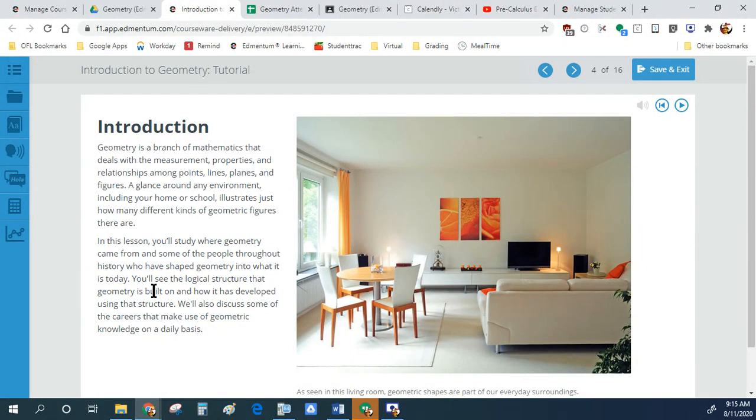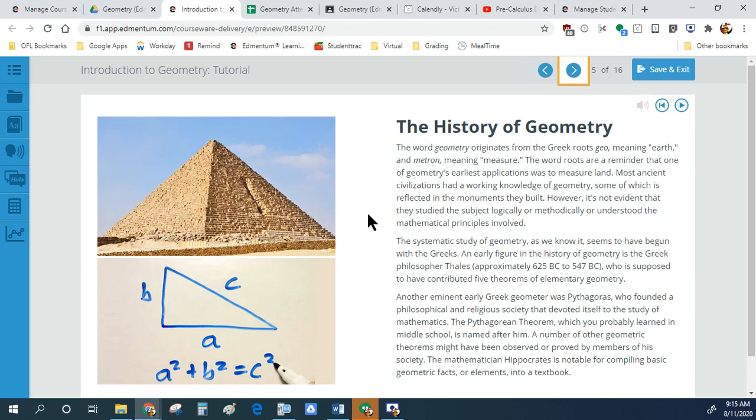But one thing people take for granted with geometry is that it's a logic-based system. What I like to think is that it's kind of like when you write an essay. I don't know if you've had a class with Mr. Josh yet, but you have to state a fact and then give your supporting argument. It's kind of like that. You have to state a fact and give an argument, and that's going to go into proofs later.